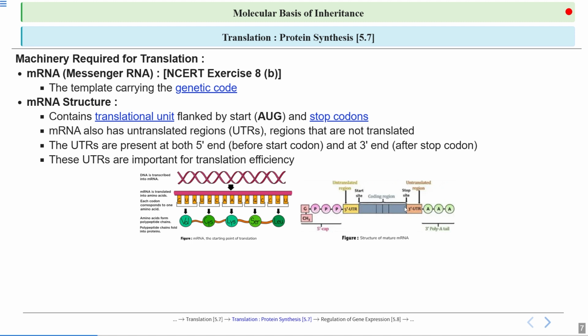It has the coding region, meaning the regions having the genetic code, and it has some untranslated regions, which are not going to be translated. So this is the whole process, kind of the whole central dogma, how DNA converts to mRNA and mRNA is translated into protein, and this is the structure of a mature mRNA. Okay, so this is how it works.